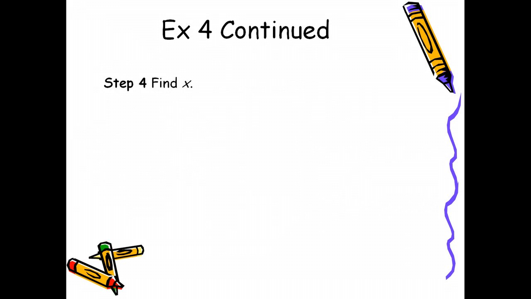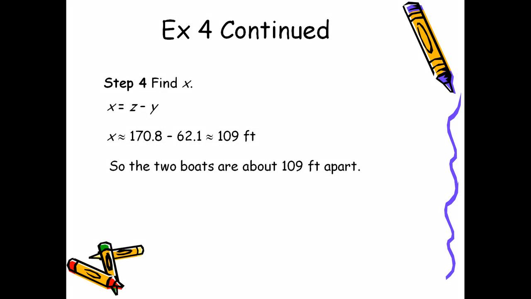Then we find x. X is simply z minus y. So we take 170.8 and we subtract 62.1 from it, and we get about 109 feet. We say this is approximate because we've already rounded the other two numbers. The boats are about 109 feet apart.